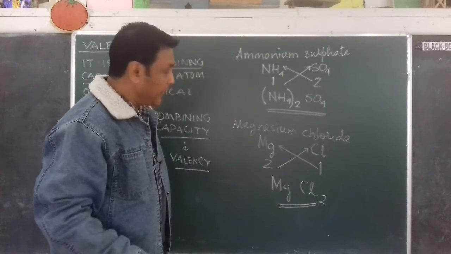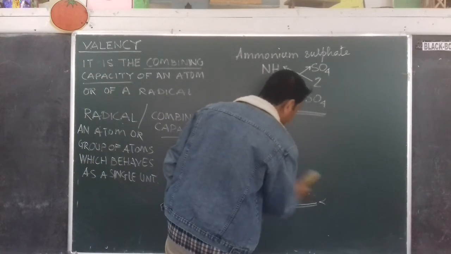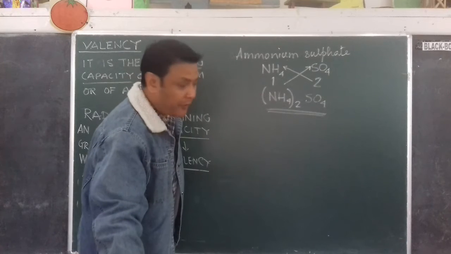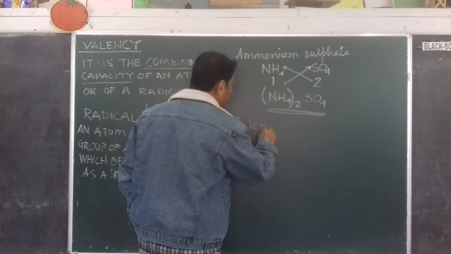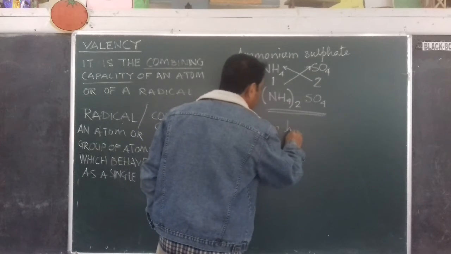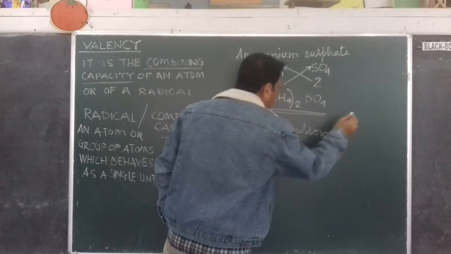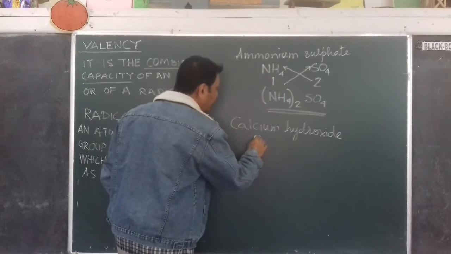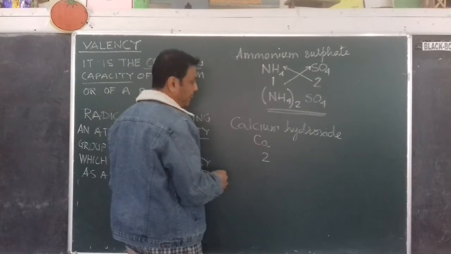Similarly, if we write calcium hydroxide. Please check it out. Calcium, Ca, valency is 2.